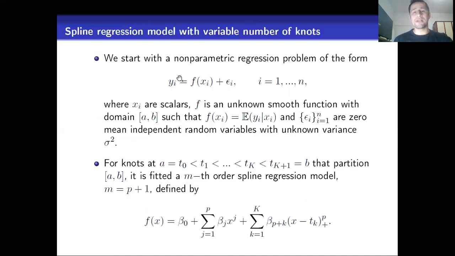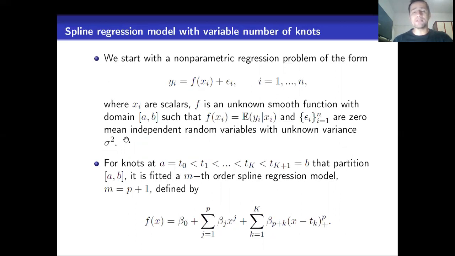So we start with the classical non-parametric regression problem with an unknown function f to be estimated through the observation of n points contaminated with a zero mean random error with an unknown variance sigma square. So this is typically the spline model.